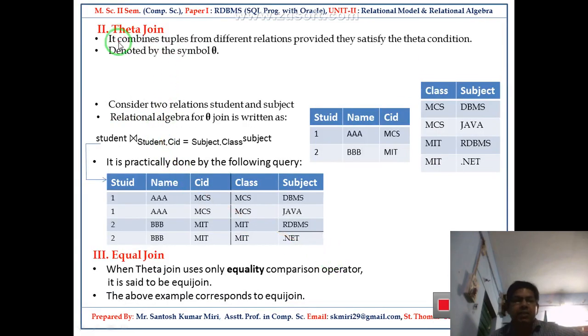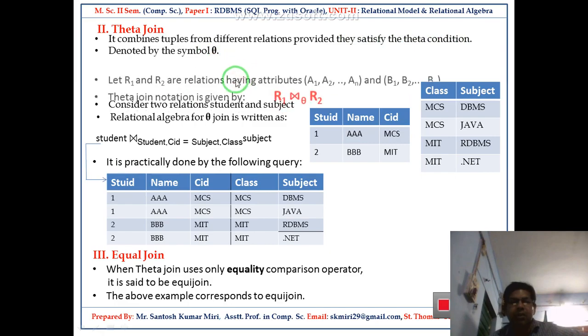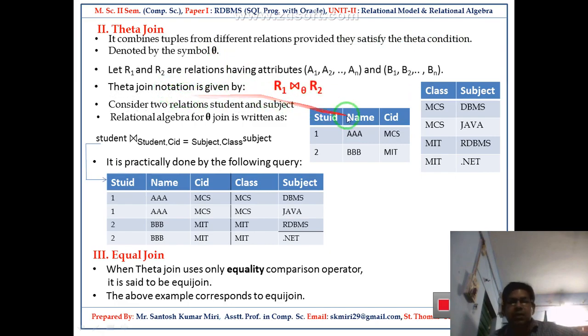Now we will discuss theta join. It combines tuples from different relations provided they satisfy the theta condition. It is denoted by the theta symbol. Consider two relations, student and subject. The student schema is this one, the subject schema is this one.